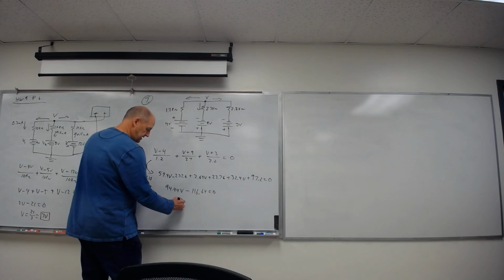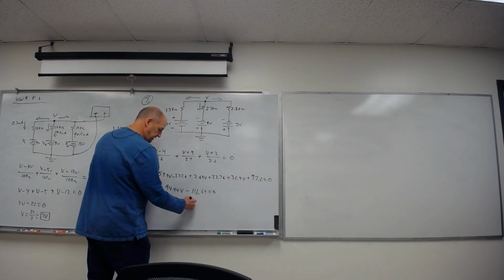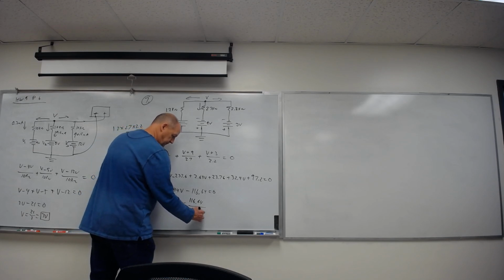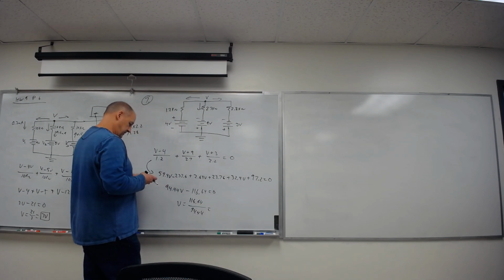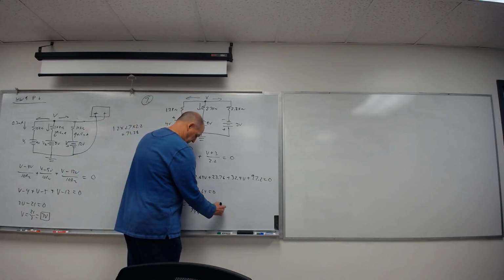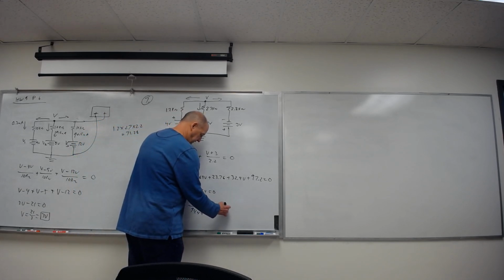So done, V is going to equal, move that over, 116.64 divided by 94.44. Equals 1.235 volts.